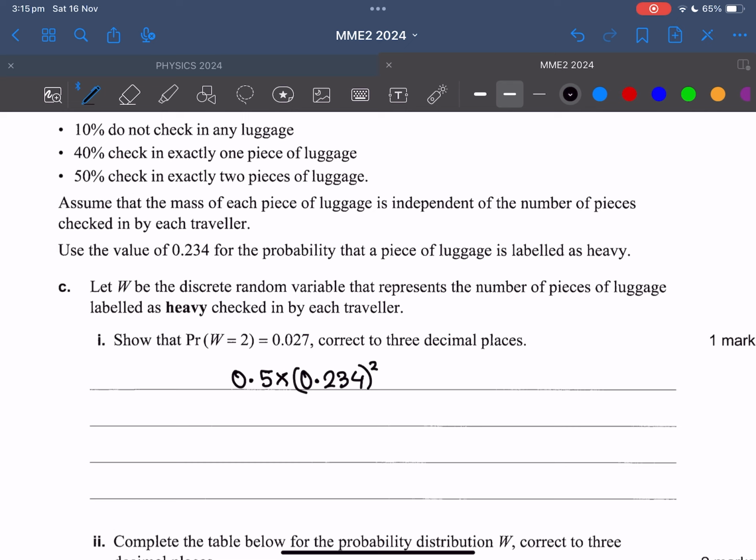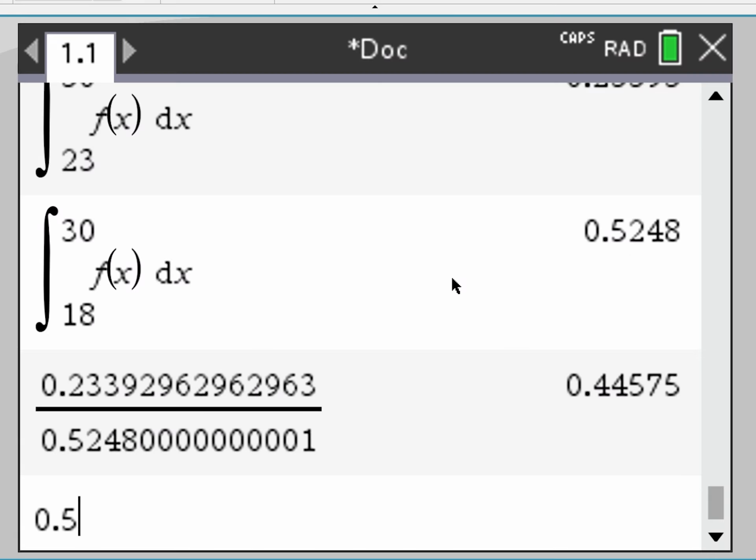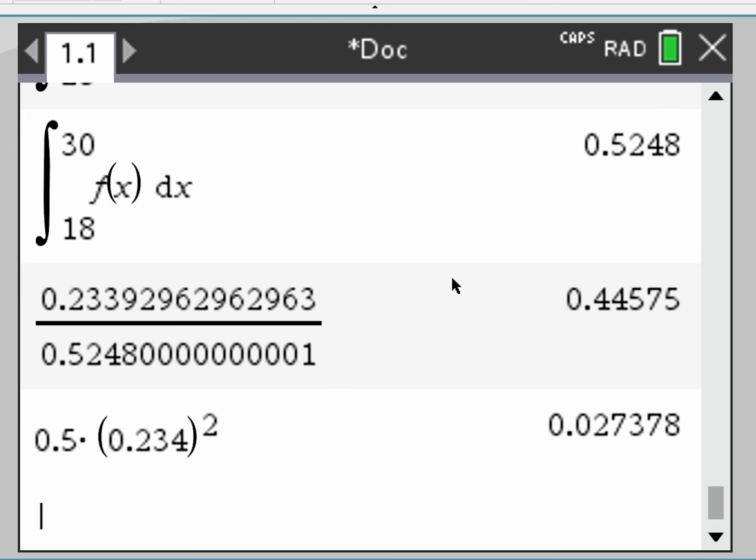Why is it squared? The reason being that they are carrying 2 bags and we want both of them to be heavy, so that's why we have to square it. So if I were to do this on CAS, 0.5 times 0.234 squared, yeah, there you go. So we get the required answer, 0.027.